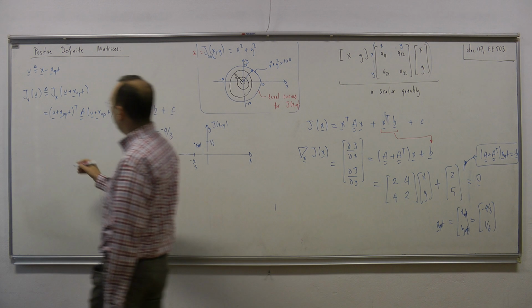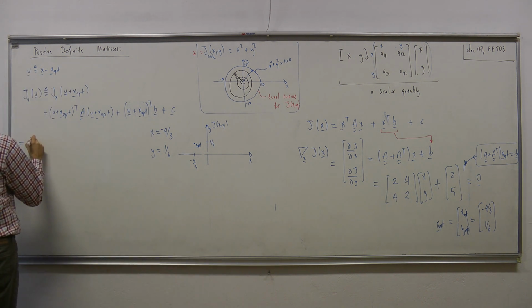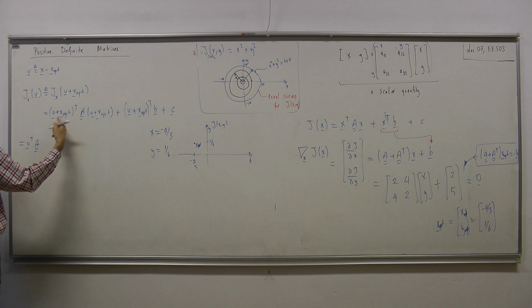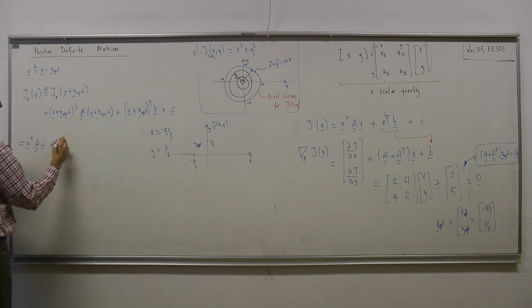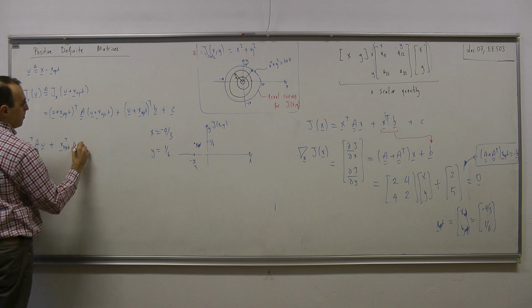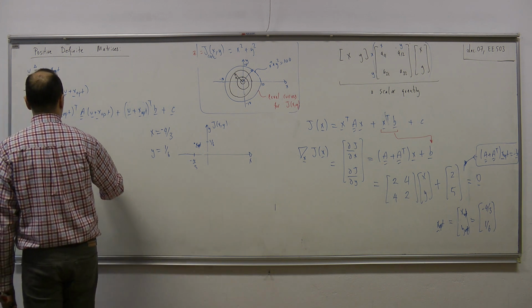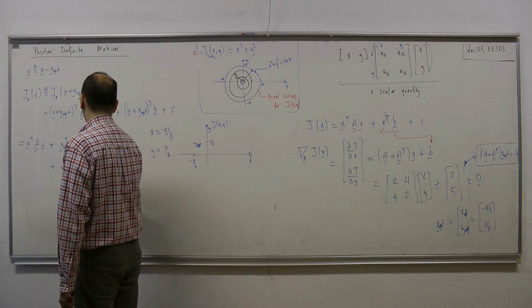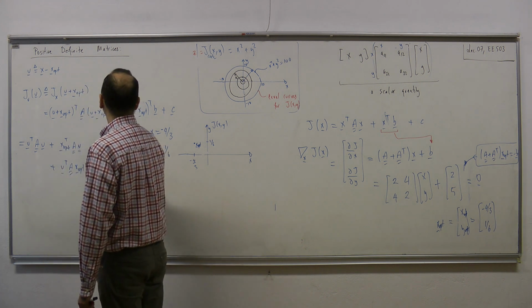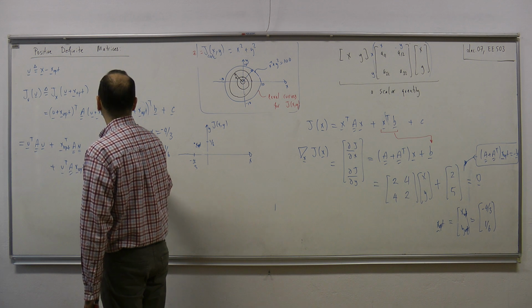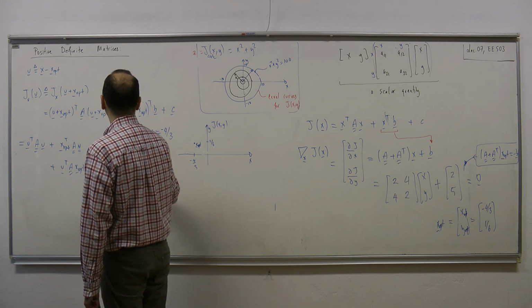So let me try to expand this. My purpose is understanding what is going on around that point. I have 4 terms over here, so I'm writing the other terms: XOPT transpose A XOPT.